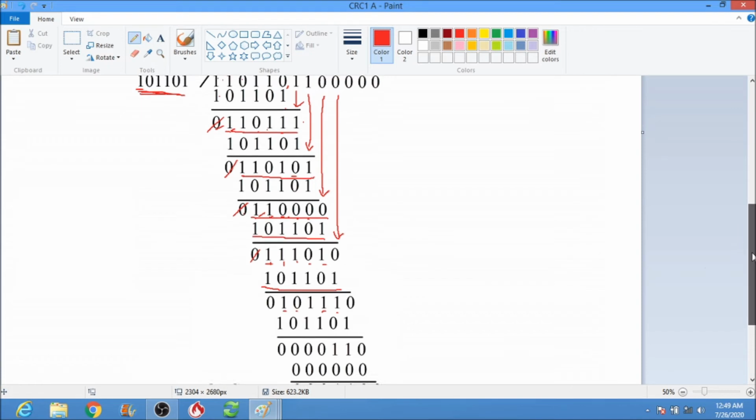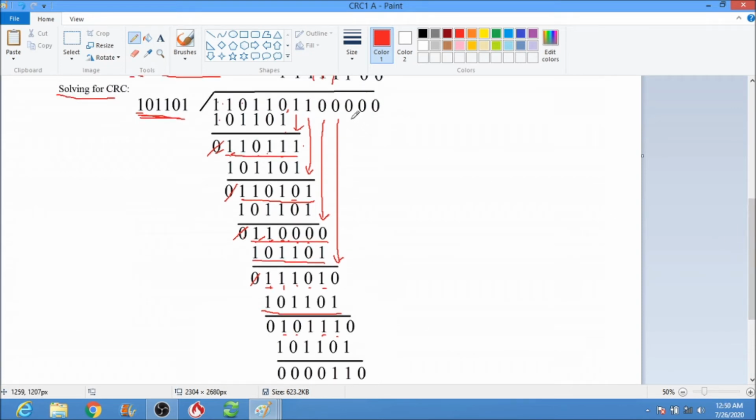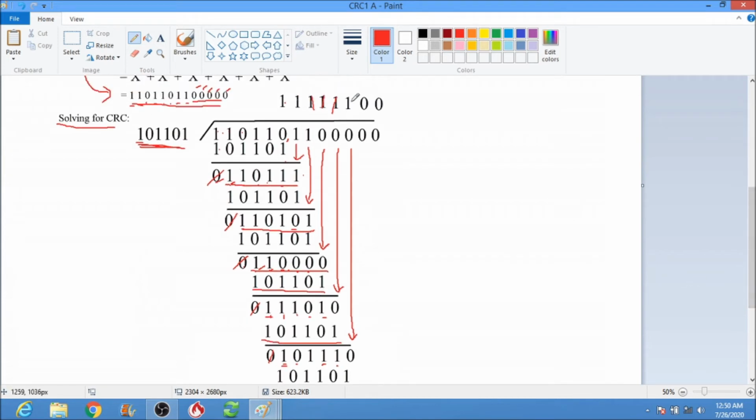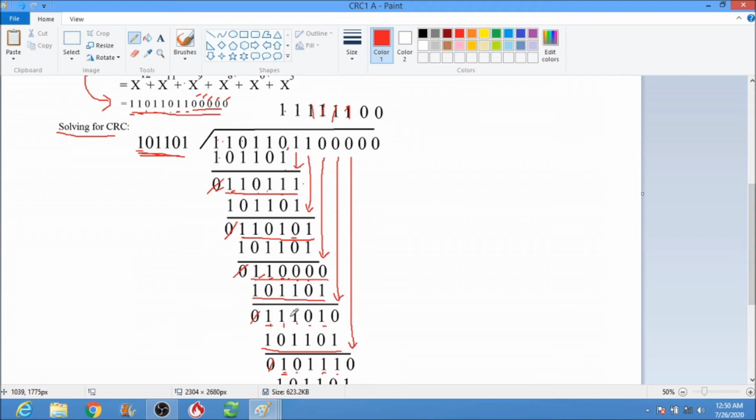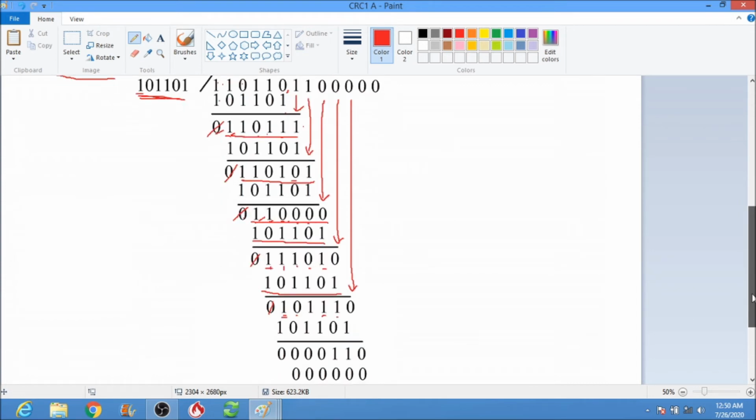And then bring down another 0. We cancel out this one. The next, our most significant bit is 1. So we simply write 1. And the next, 1 multiplied with this one, so the answer is unchanged.